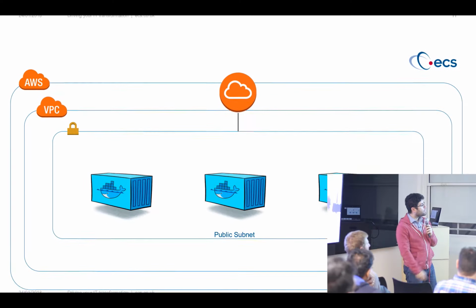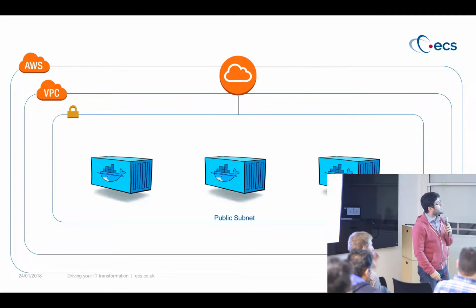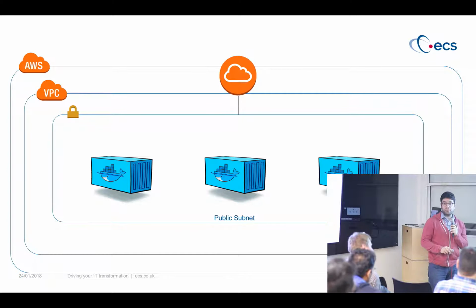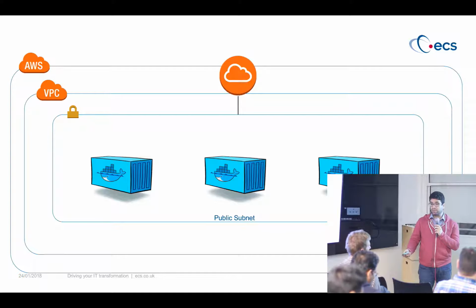Now we are going to make a small demo of all of this. We have our own AWS account inside a VPC and a public subnet. We're going to deploy a service, in this case Ghost, a blog system, standalone.